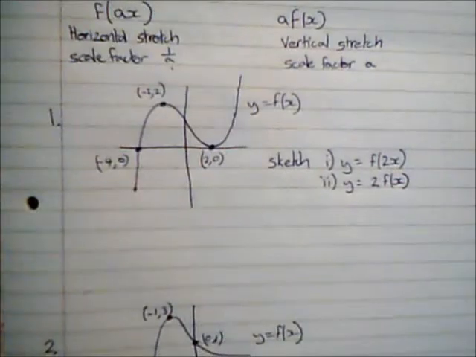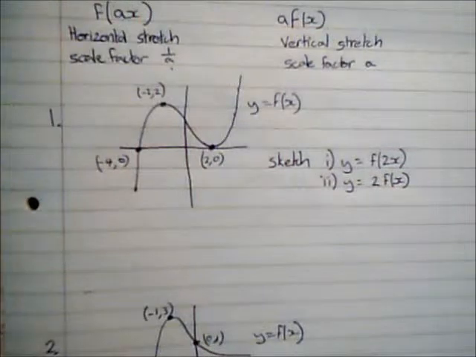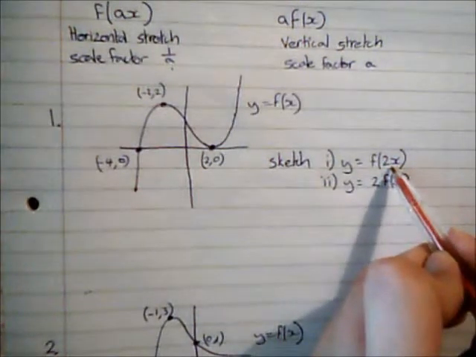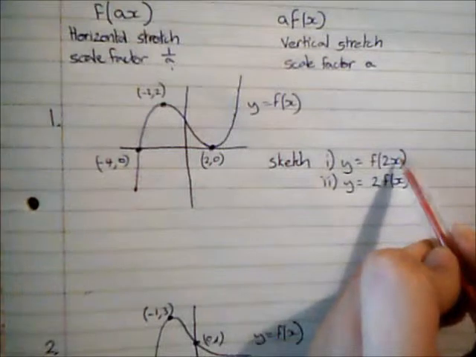So first of all we're going to look at this function and we're going to see how it appears when we multiply all the x coordinates by 2, so it's the function of 2x.